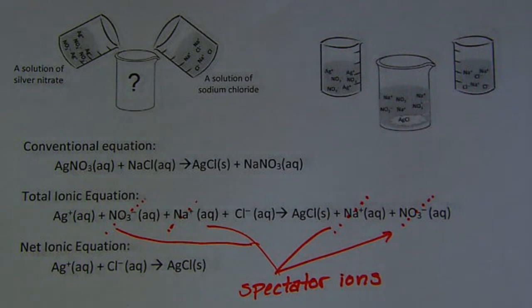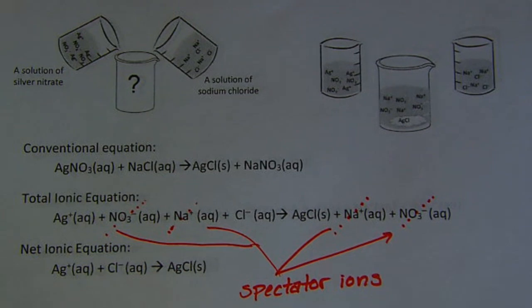It's like a football game. The game can go on without the spectators, without the fans, but it can't go on without the players. So your spectator ions are ions that are there but are not participating in the reaction. And so we ignore those when we write our net ionic equation. But they do appear in our total ionic equation.